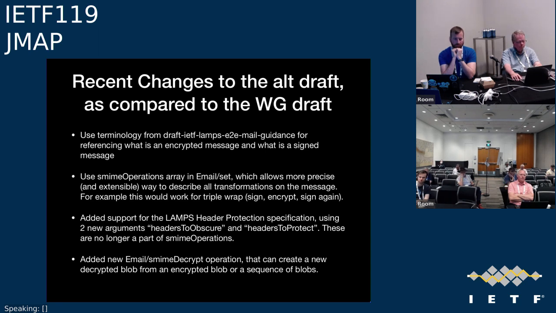So then instead of having 2, 3, 4 Booleans, there is an array of objects that describes each operation that will be applied with the signing and encryption. There is now a better way of doing the LAMPS header protection, which can say, don't strip this header field on the outside, but it will be in the encrypted payload, so you want to hide it from external observers, or also list header fields that are being sanitized and changed on the outside.